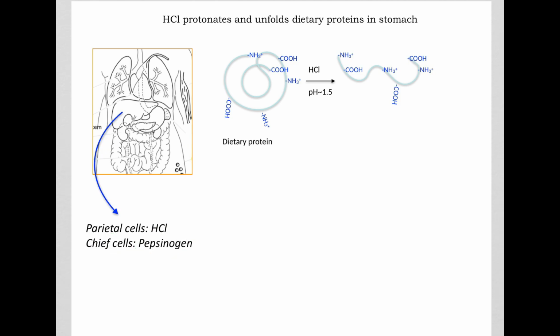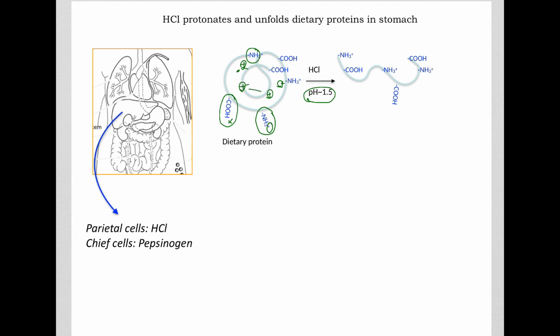So these proteins that need to be digested, whether they come from the diet or are endogenous, in the presence of the strong acid at pH 1.5, remember we talked about this under proteins in very early videos, all the amine groups will become protonated, all the carboxyl groups will become protonated. When carboxyls are protonated, they have no charge, but when amine groups are protonated, they are positively charged. So wherever there are amine groups, there will be positive charges. So this protein will be filled with positive charges.